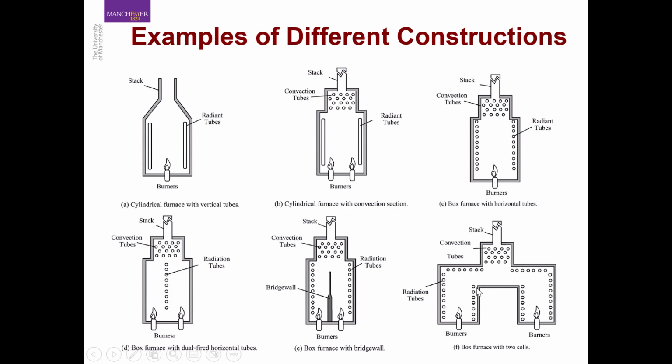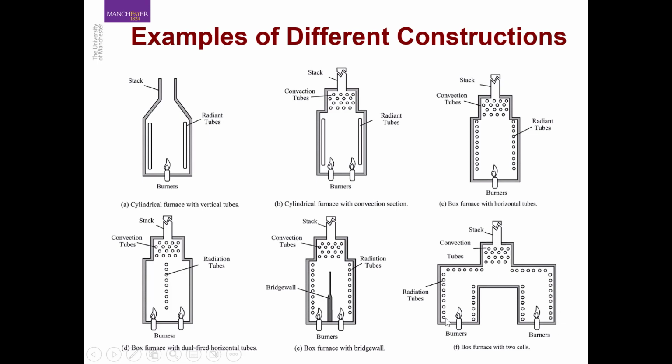So by dividing a bigger furnace into smaller chambers, you have much better control of the flame and the heat transfer in this chamber. Okay, and then this chamber is operating independently of this chamber to some level. Obviously, they are connected, but you have much better control here compared to using one burner in the whole furnace.